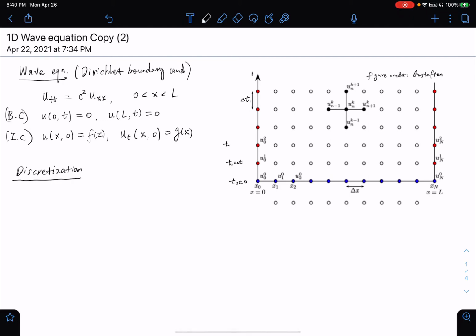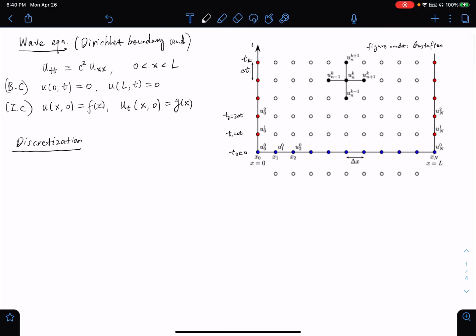And here will be t2 equals 2 delta t, for example, all the way up to some t, for example capital K, at which we would like to get the values at all locations. So we use the same notation: u_n^k is u at xn, tk.